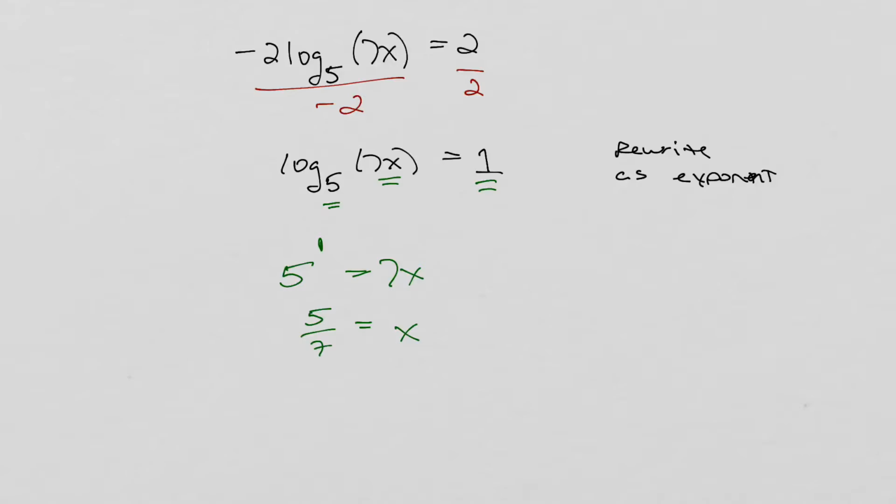So when we had those two logarithms in the previous example, we had to get rid of both of them. Here, if you just have one, isolate it, rewrite it as an exponent, and see if that helps out. All right, here's one more for you. What if I had negative 6 times log base 3 of x minus 3 equals negative 24? Let's isolate that logarithm.